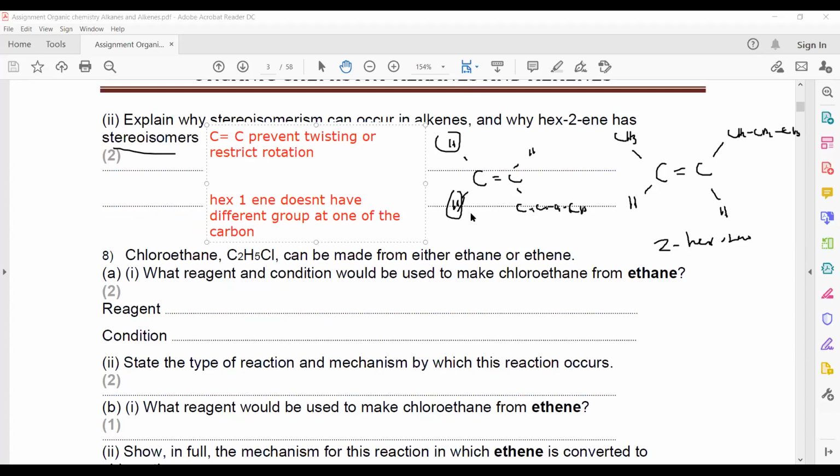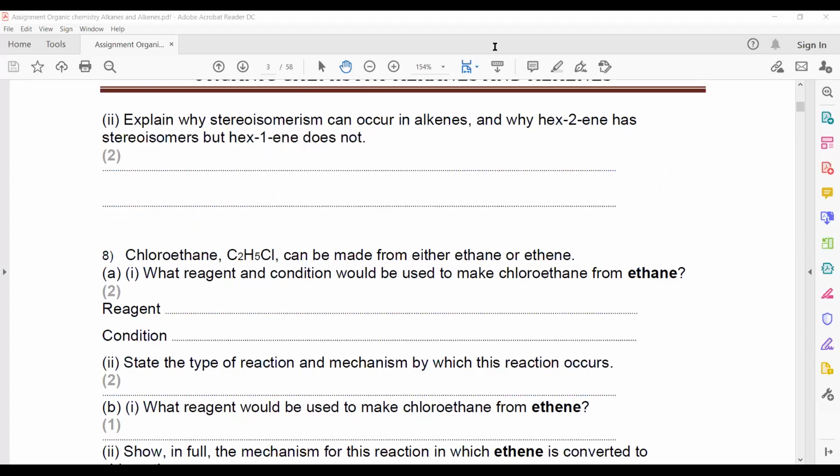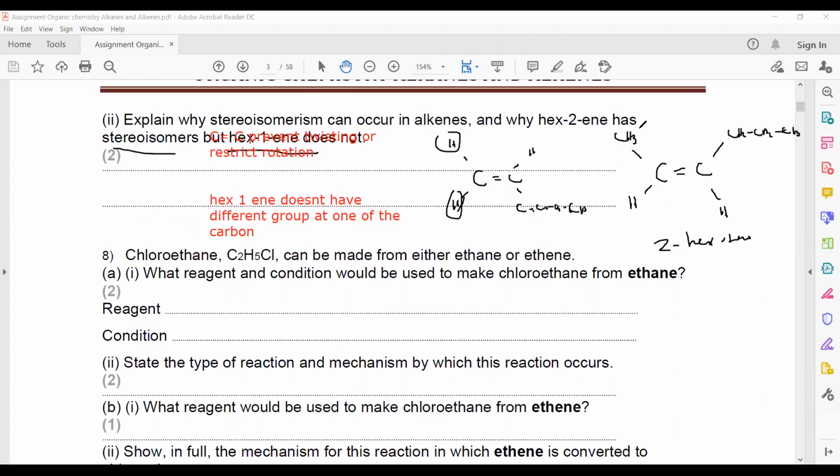Trans is also possible. We already drew the trans. They are not saying cis or trans. Basically, you don't use the term trans here because the groups attached here are different types of groups. So in that case you don't say cis. I will not say it is cis-hex-2-ene.